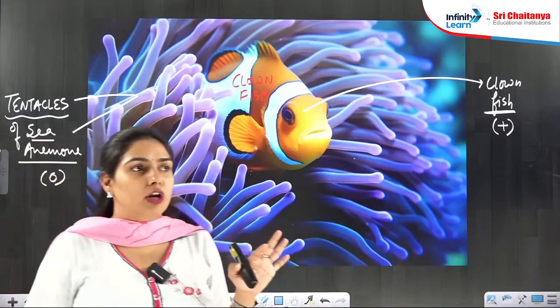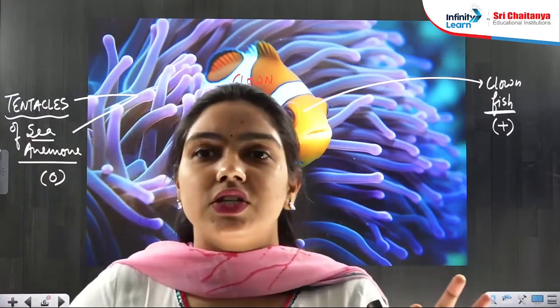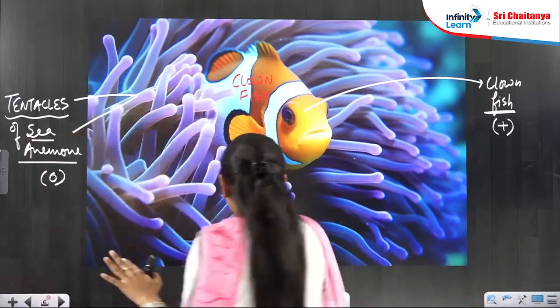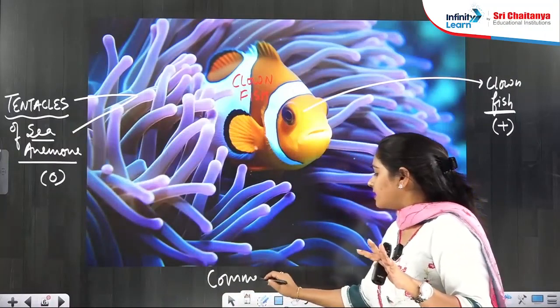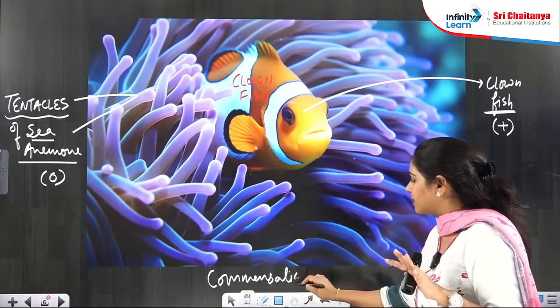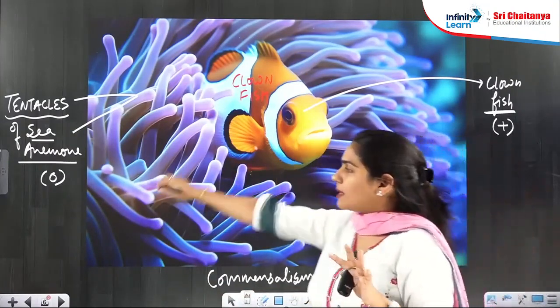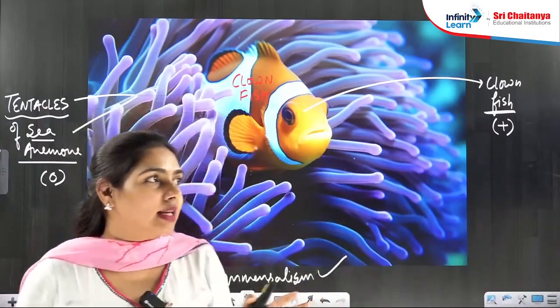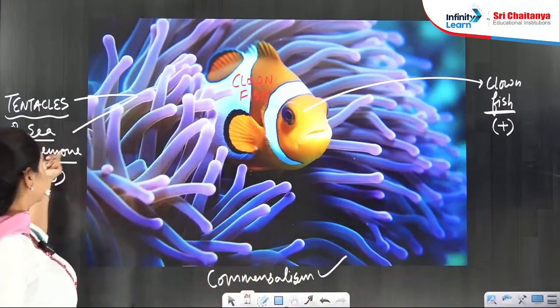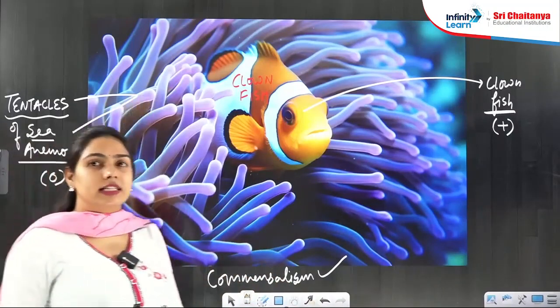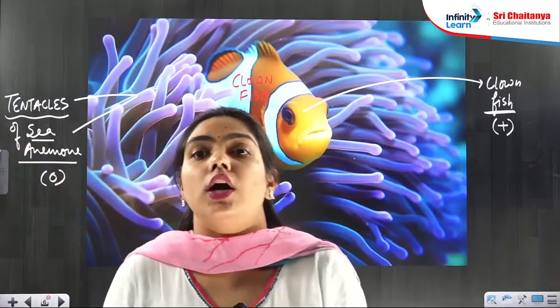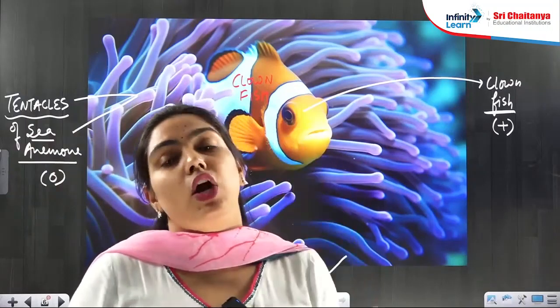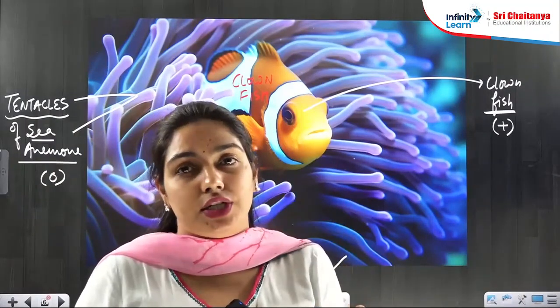So which interaction is this? This interaction is commensalism. Plus and zero. Yes or no, everyone? Tentacles of sea anemone are poisonous. Other predators will not come and they will not be able to eat the clownfish.